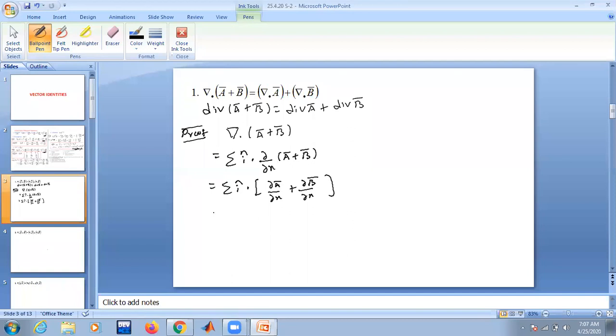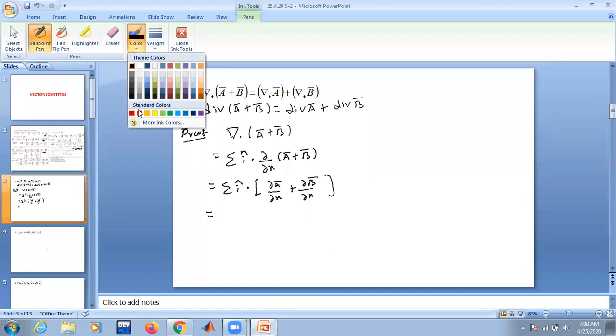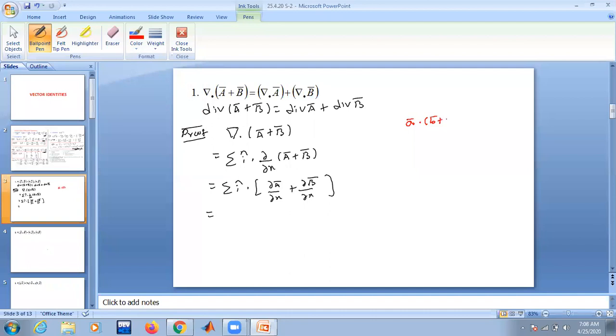Now we know the dot product is distributive, right? a dot (b plus c) is equal to a dot b plus a dot c. So according to that, we can write it as summation of i dot dou a bar by dou x plus i dot dou b bar by dou x.